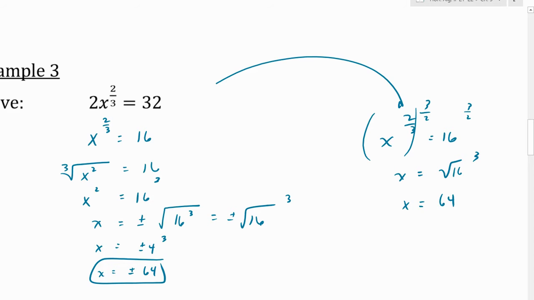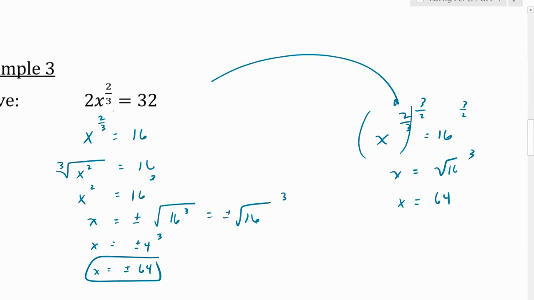So from the way it looks, you'd think it's just 64, but it's not. So here's the kicker: wherever your variable is and there's a fractional exponent, if the numerator is even, you're going to have plus or minus in the answer. So it's fine just to know that. No issue there.